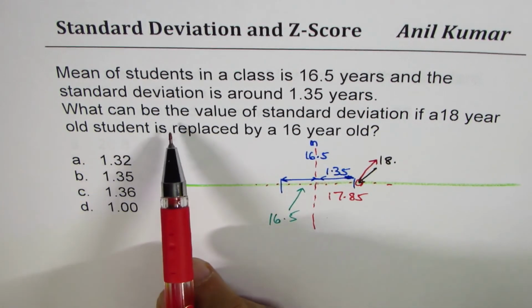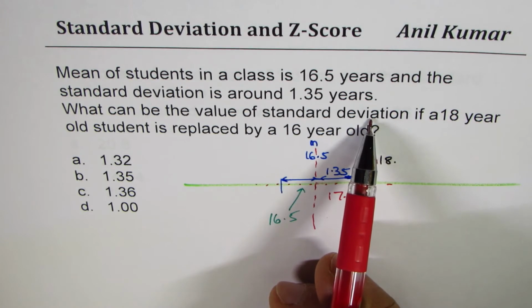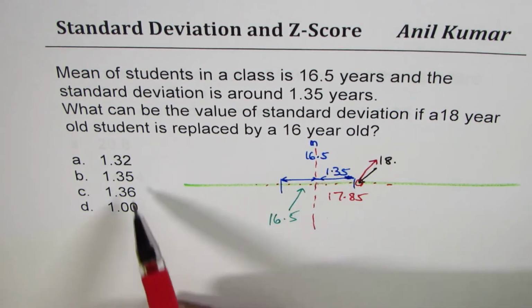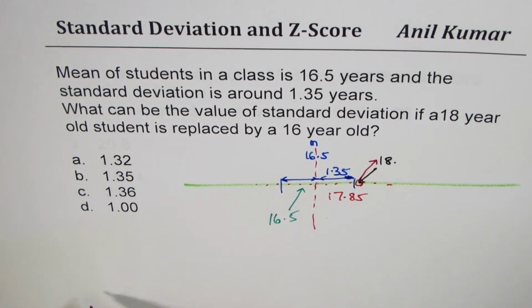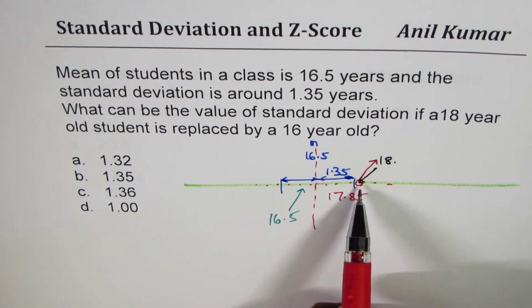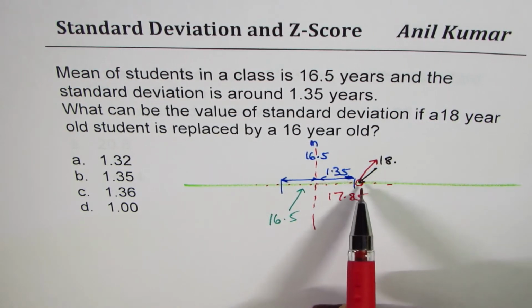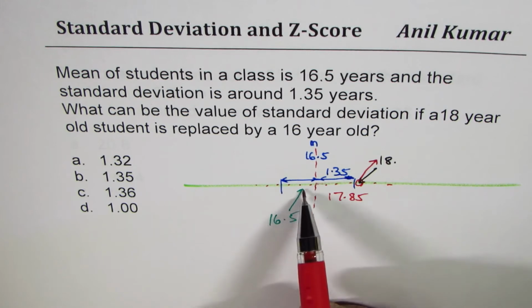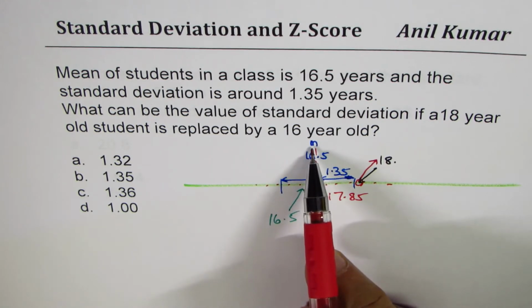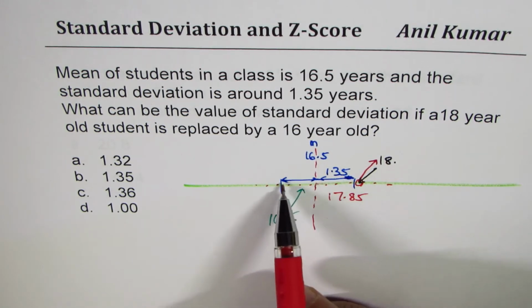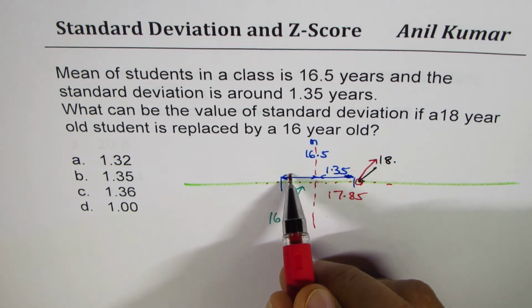Now it says, what can be the value of standard deviation if this is done? Options are these. Now what we understand here is we have taken away a data point which is one standard deviation away, right? But we have introduced one which is closer to the mean. So standard deviation will be more compact, correct?